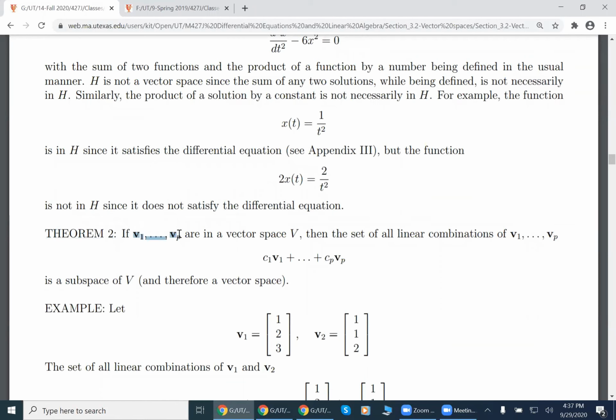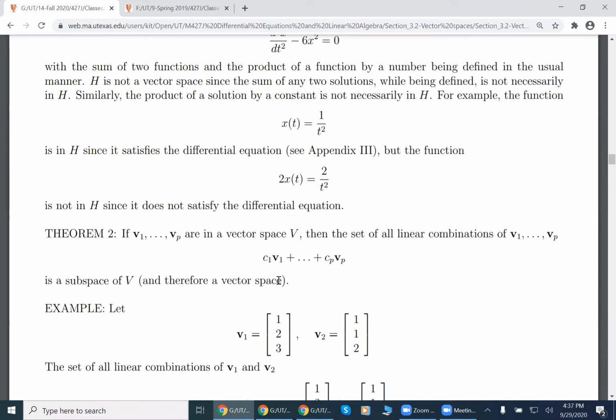Consider several vectors, v1 and so on, vp. So, vectors v1 and so on, vp are from a vector space V. Theorem 2 says that the set of all their linear combinations is a subspace of V, and therefore, by theorem 1, is a vector space by itself.